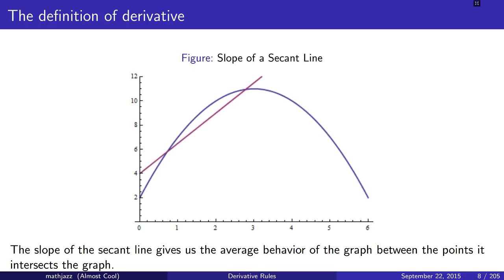Now the slope of the secant line gives us the average behavior of the graph between the points where it intersects the graph. That is the average slope of the function between these 2 points.